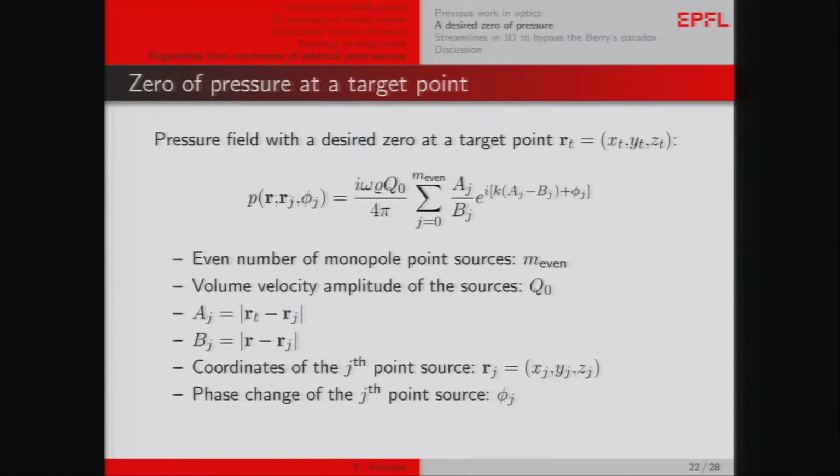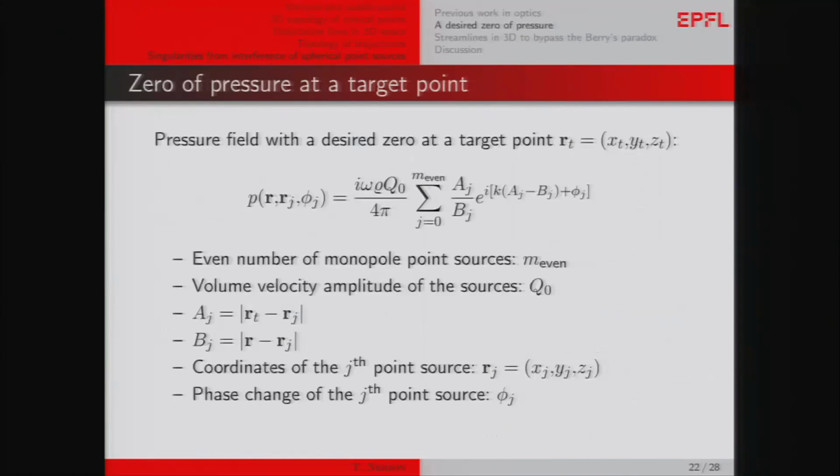So what we did was trying to define a point where we would have a 0 of pressure. This is what is done in this equation. You just basically say that P must equal 0 when you have, let's say, an even number of monopoles with the same amplitude.